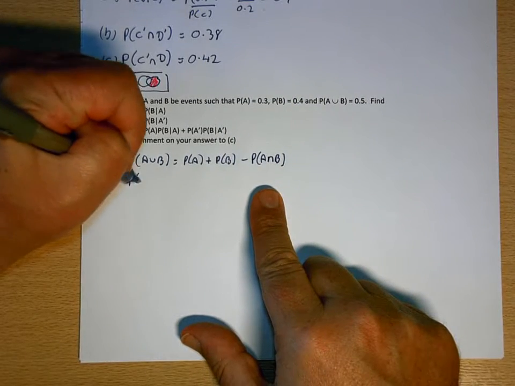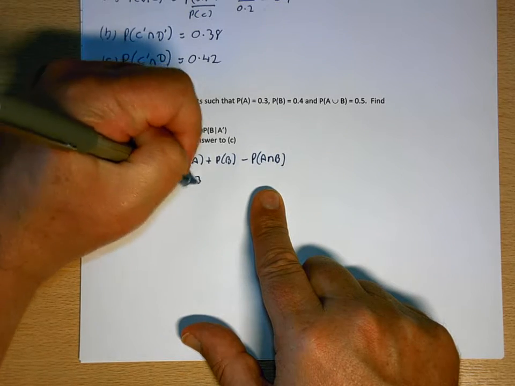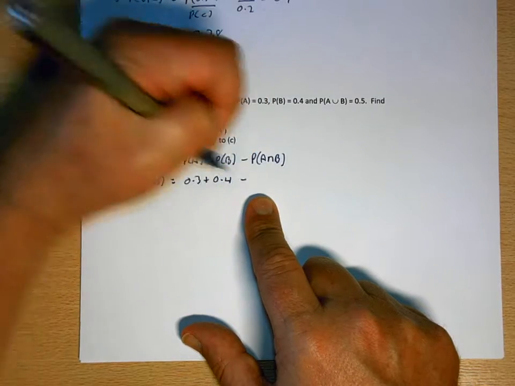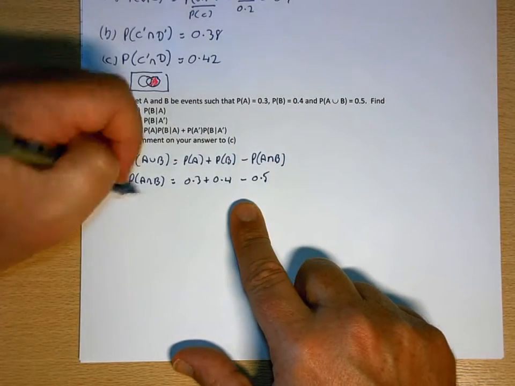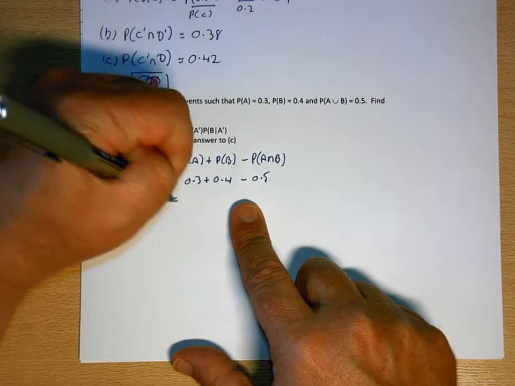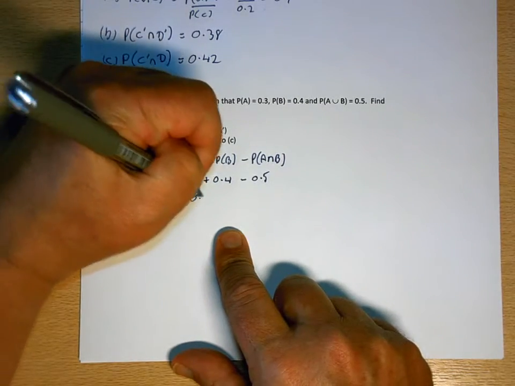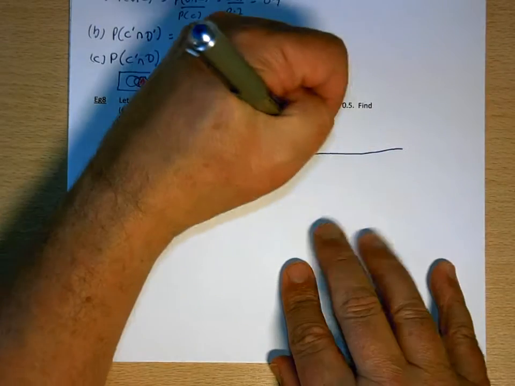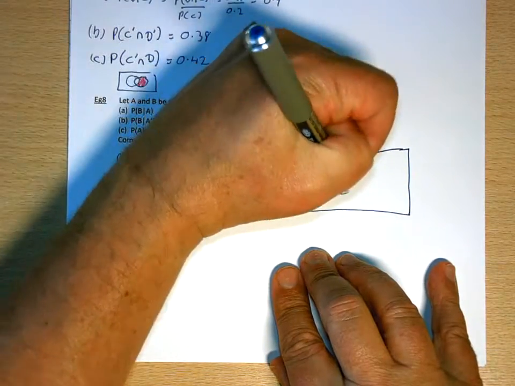So the intersection will be A plus B less the A union, which is 0.5. So probability of A and B occurring is 0.7 less 0.5, 0.2. Okay, so I can then transfer that onto my Venn diagram.